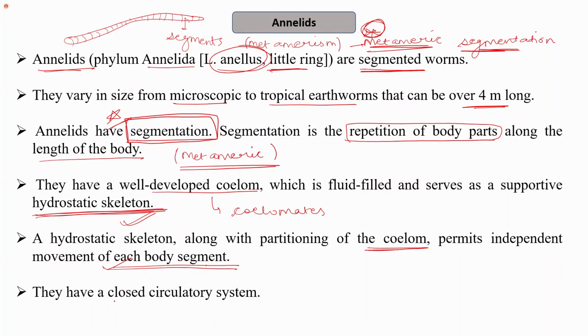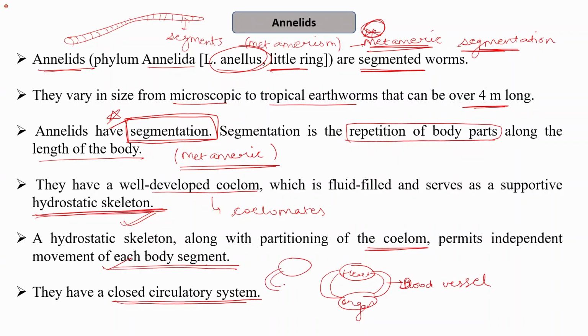Next, they have a closed circulatory system. In a closed circulatory system, we know that the blood is pumped with the help of the heart, and it is carried through the blood vessels into the different organs. Suppose this is another organ of the body. It is carried with the help of the blood vessels, unlike the open circulatory system, where the blood is released into the body cavity and it bathes the organs.